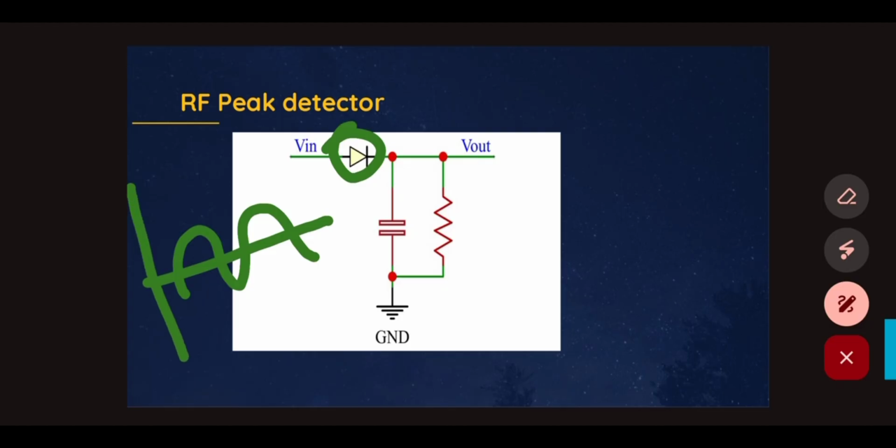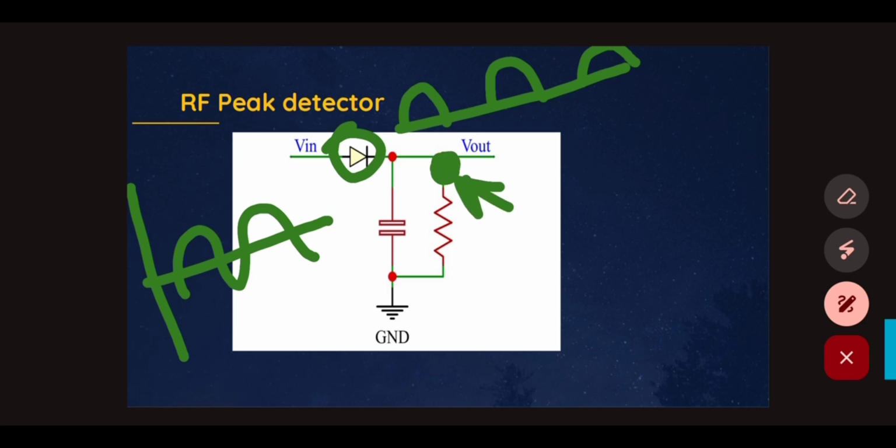As a result, only the top, positive portion of this signal will be allowed through. This positive half will be stored here, and we will get some voltage at this node.